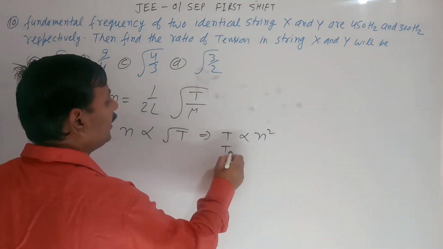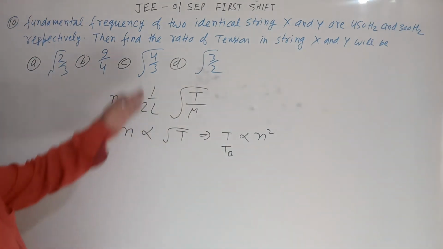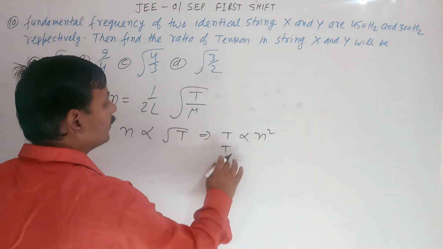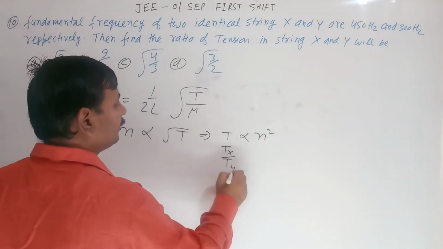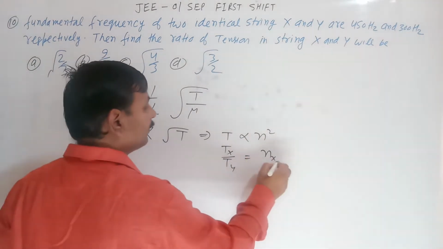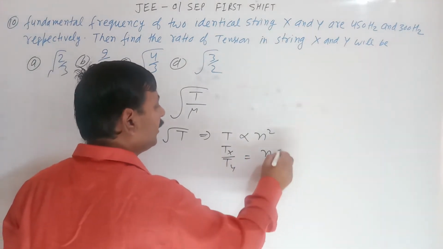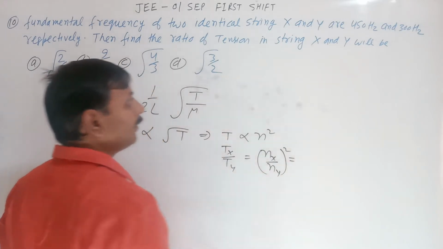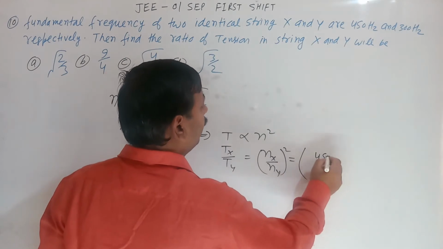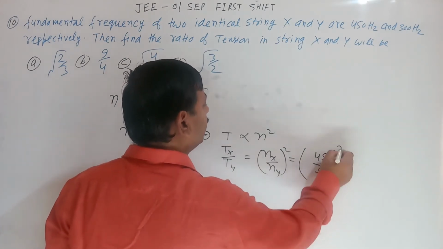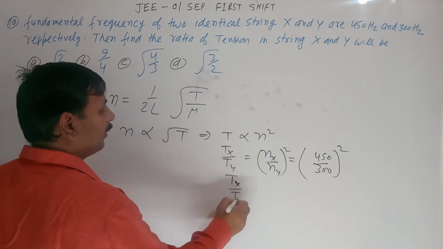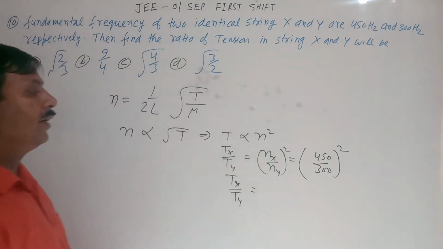So TX upon TY is equal to the fundamental frequency Nx upon Ny whole square. So what is Nx? They have given 450 upon 300 square. So what will be the ratio between the tension of X and Y?